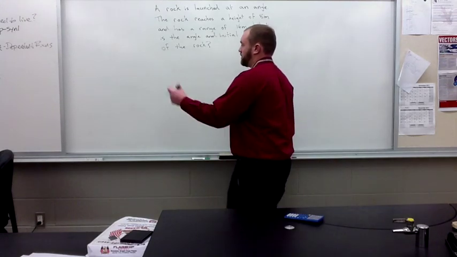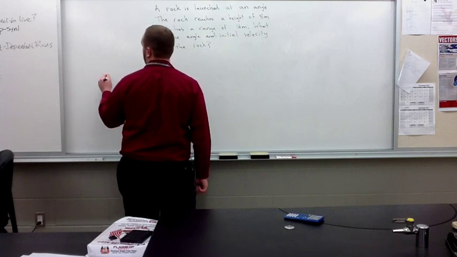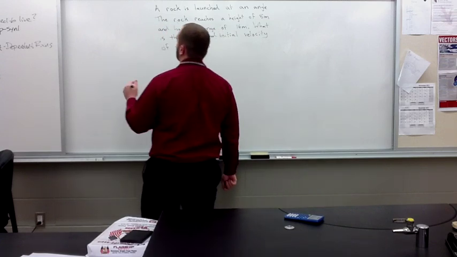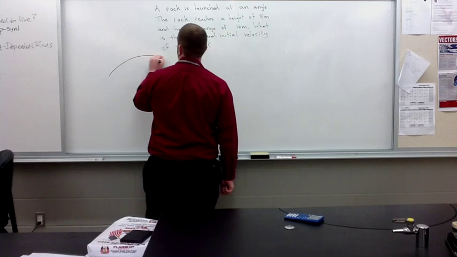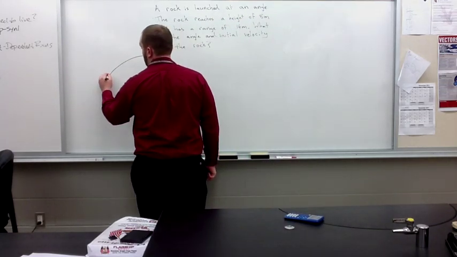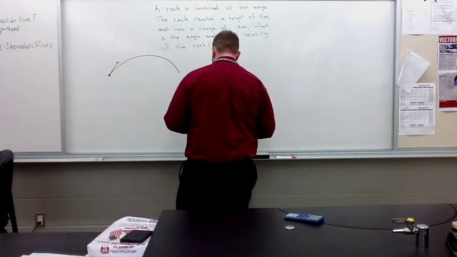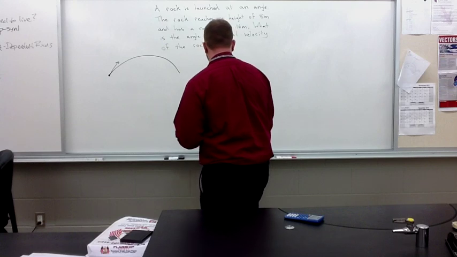So basically we're going to start by drawing a diagram, like we always do. Here's our diagram. Up and down, we've got some initial velocity. We don't know what it is. That's what we're looking for.